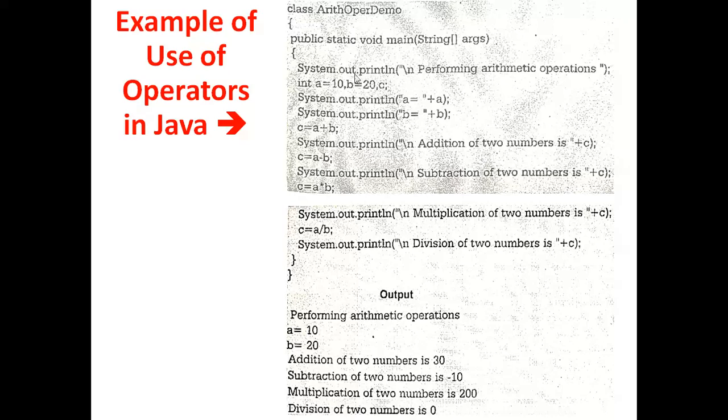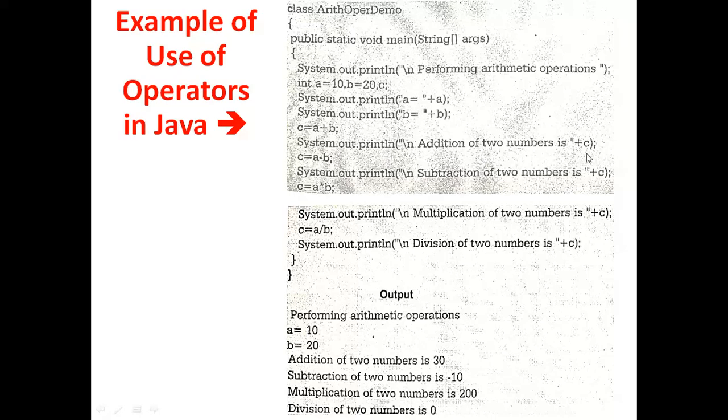Afterwards, I have declared two variables of integer type, that is a is equal to 10 and b is equal to 20, and one more variable of integer type as c. Afterwards, I have printed the value of a and b by using system.out.println. And afterwards I have added the variables a and b, and the result is stored into the c variable. Now I am displaying the value of the c variable by using system.out.println.